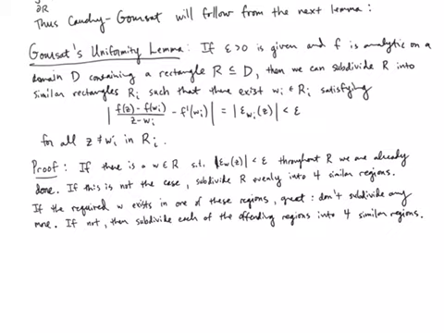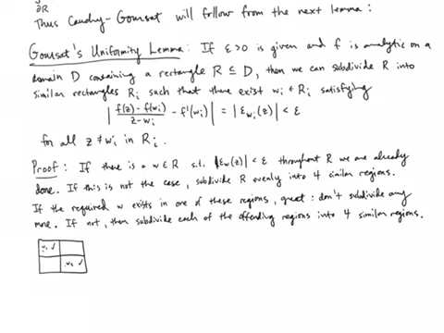Okay, so we're just taking our original rectangle. If we couldn't find a w in the original rectangle, we subdivide into 4 regions. Maybe after we do that, we find w's in two of those regions, w1, w2.